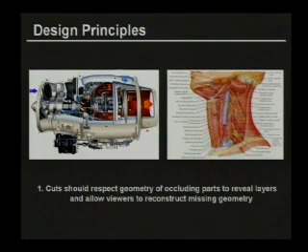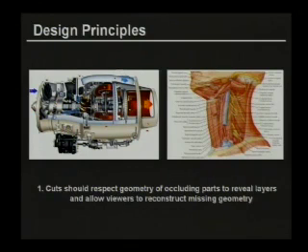So here are the design principles. We looked at quite a few medical illustrations. We also talked to medical illustrators, and had medical students draw examples for us. And from looking at all of that, we figured out a few things. One is that it's important for cuts to respect the geometry of the occluding parts. All right?